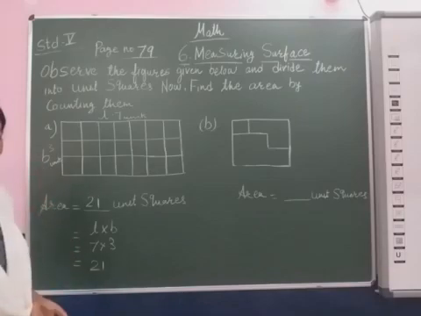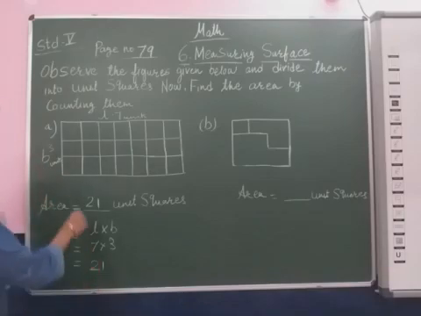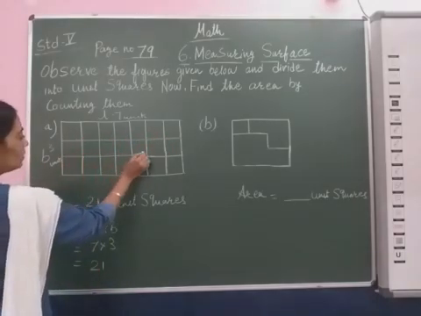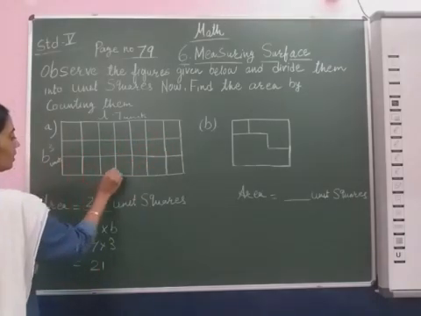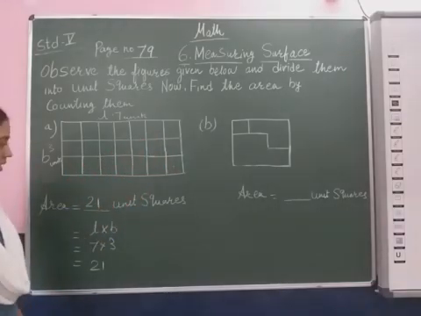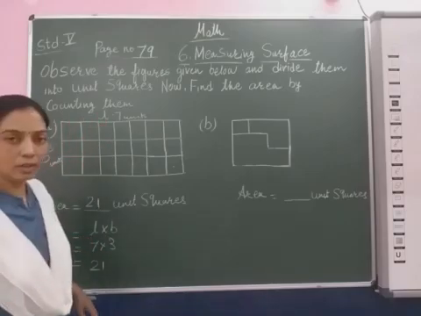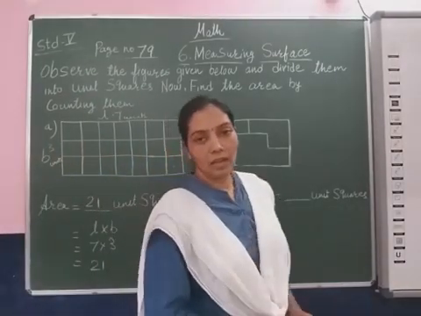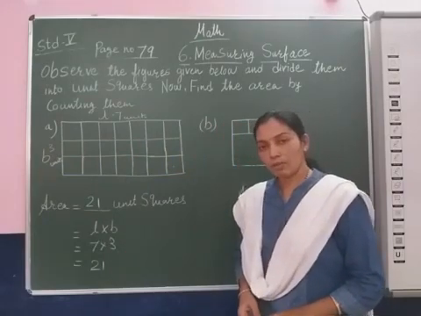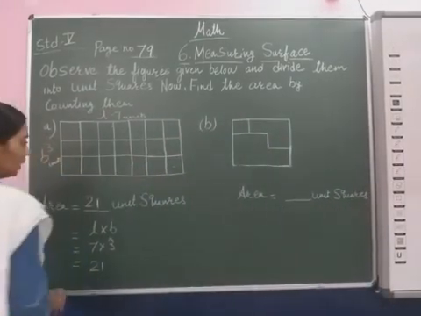On the other hand, we can also count this way: 1, 2, 3, 4, 5, 6, 7, 8, 9, 10, 11, 12, 13, 14, 15, 16, 17, 18, 19, 20, 21. The same thing, yes, but this is the proper method to find the area. Length into breadth is equal to 7 into 3 is equal to 21 unit squares.